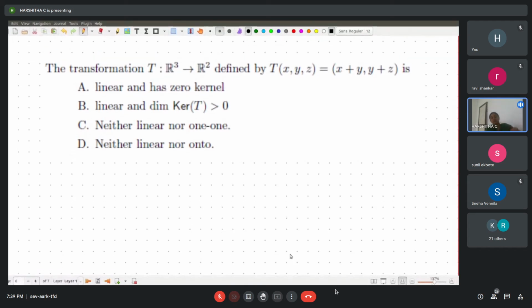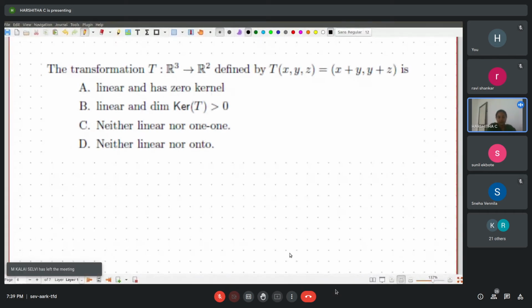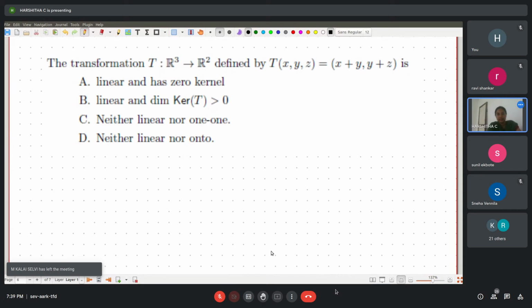Okay. So here you have the next question, the transformation T from R3 to R2 defined by T of x, y, z equal to x plus y, y plus z. So is this a linear map, and what about its kernel? Okay, so linear, we'll check that.